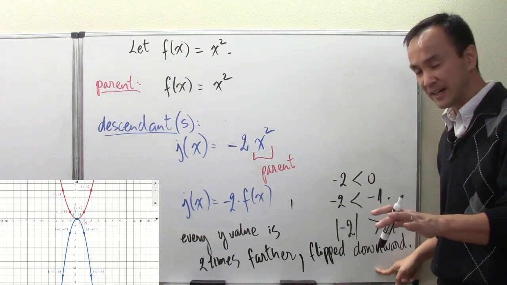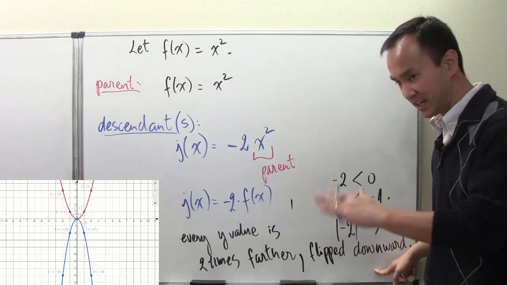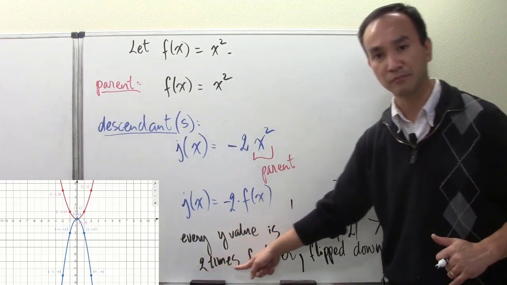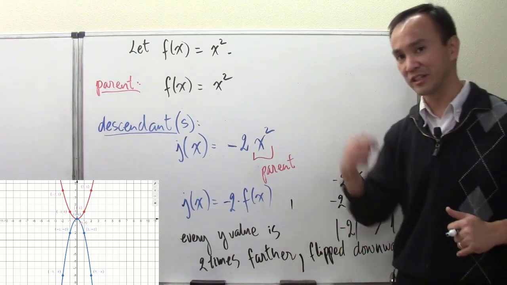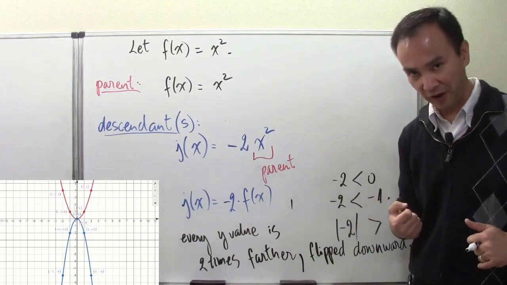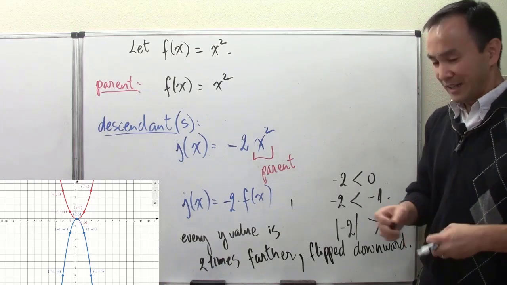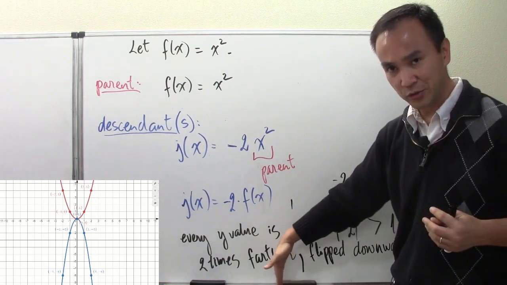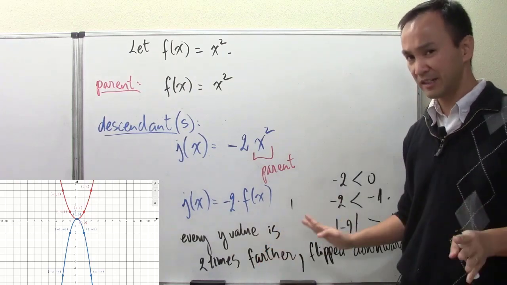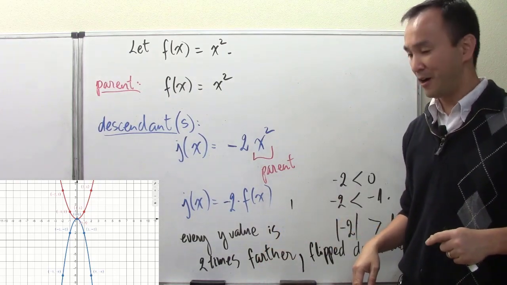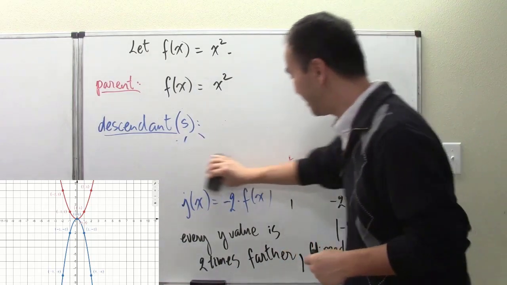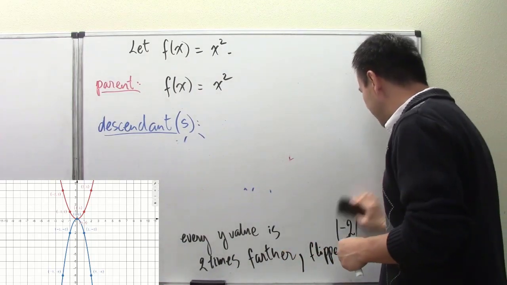But then furthermore, upon being flipped, it's going to be scaled 2 times further compared to the original y value on the parent function. All right, so now I'm going to erase this descendant function. We have looked at the third one so far. Now let me introduce the fourth one.